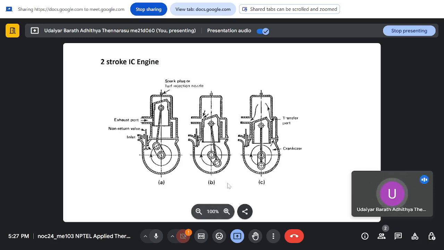So this is how a 2-stroke engine works. Here the 4 processes are combined together and happen in 2 strokes. In a 4-stroke engine it takes 4 strokes, or 2 rotations of the crankshaft, to complete a cycle, but in this case a single rotation finishes the whole cycle.